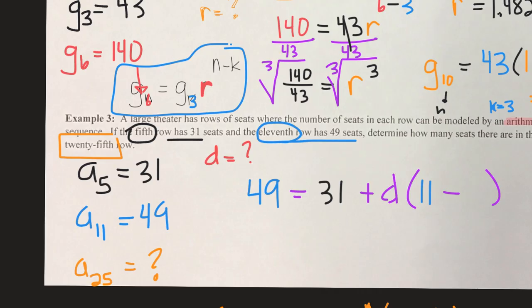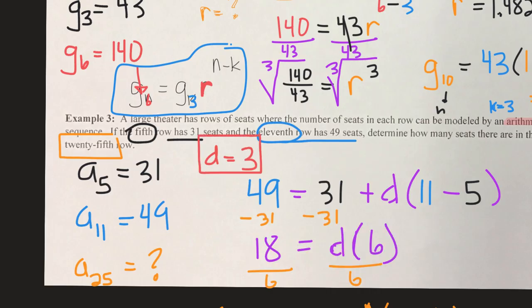Minus 31 was the 5th term. So whatever subscript is here, 49 is the 11th term, so n is 11. 31 is the 5th term, so k is 5. So we do the math to solve this for d. We calculate that the difference between each of our terms is 3, when we solve this equation for d.